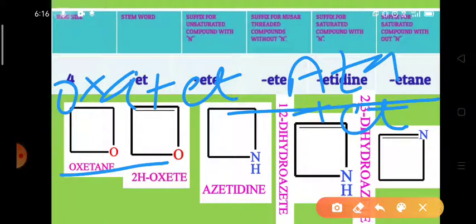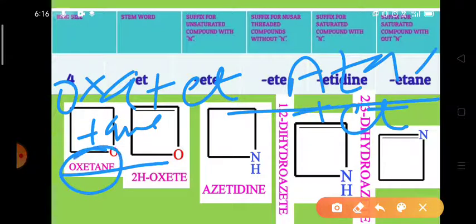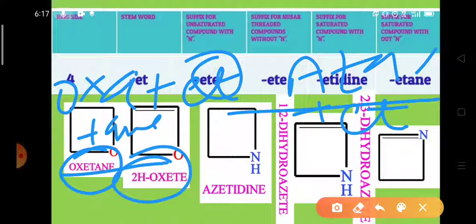For this saturated one, we have to use ane. So now it becomes oxetane. And for the unsaturated, we have to use ete. So oxete. As the hydrogen atom is present at the second position, we have to call it 2H-oxete.